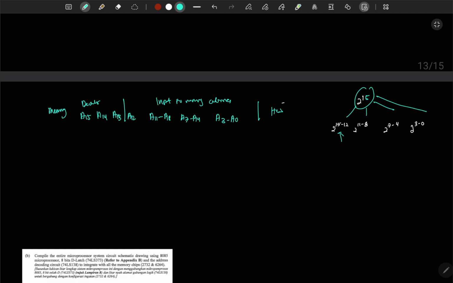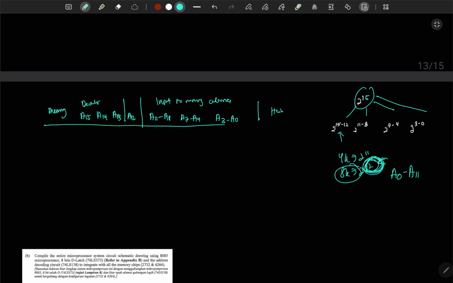Why do I separate decoder and input to memory address? Just as I said, 4K is equivalent to 2 power of 12, 8K is equivalent to 2 power of 13, so we need address lines A0 till A11 to be fed to the chips, because the higher range of the 8K is the limit.